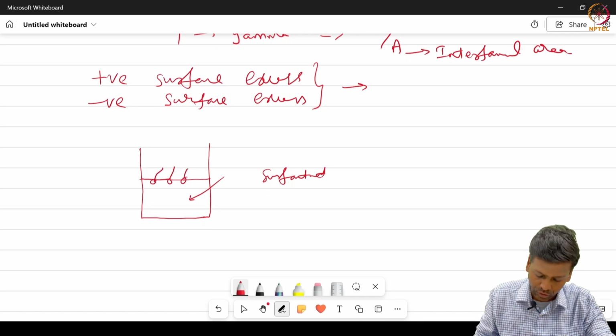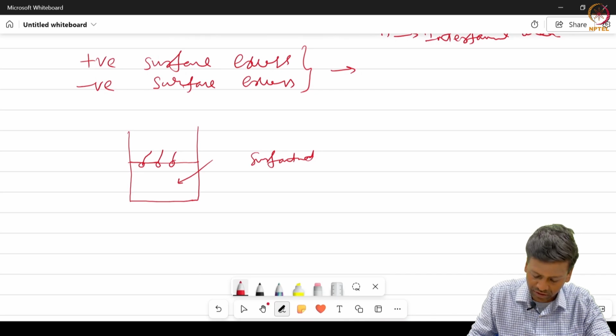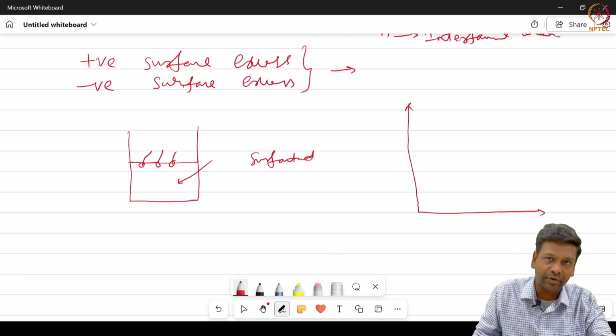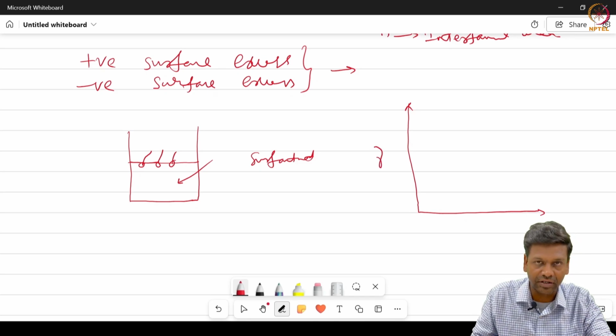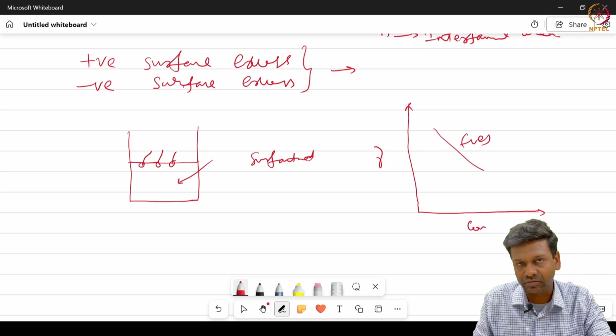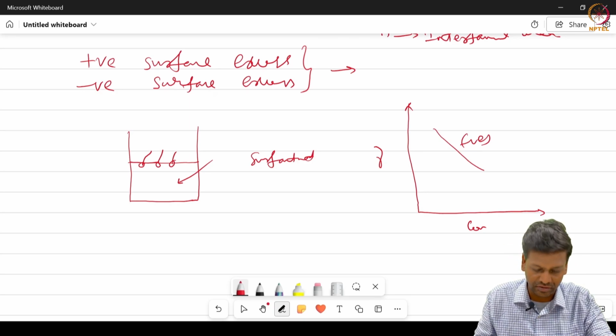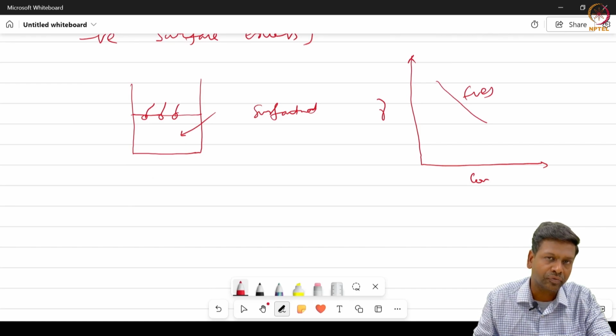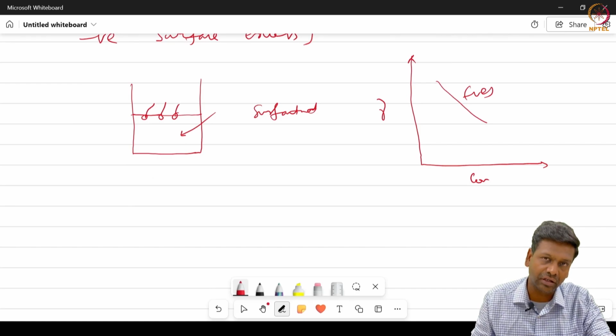If I measure some interfacial property, let's say surface tension, as a function of concentration, you will get a negative slope, because surface tension decreases in this case. The surfactant has a tendency to go to the interface, and as soon as it adsorbs there, it reduces the surface tension.